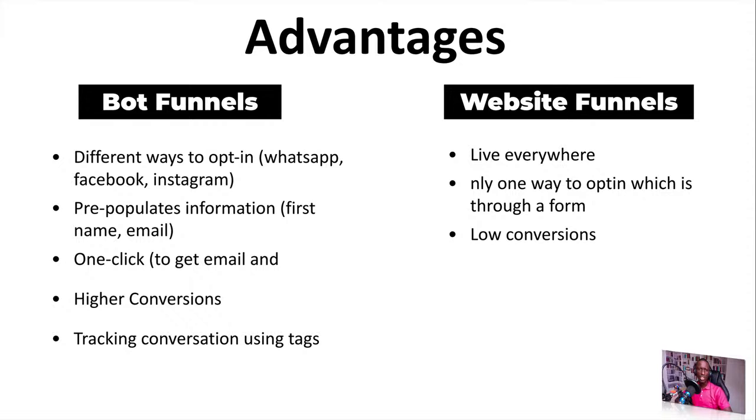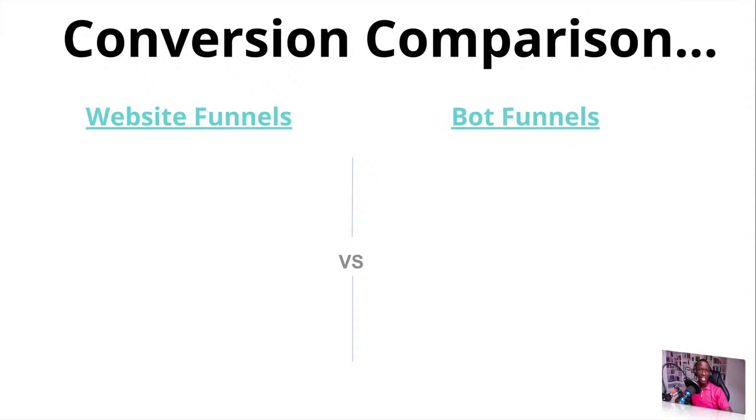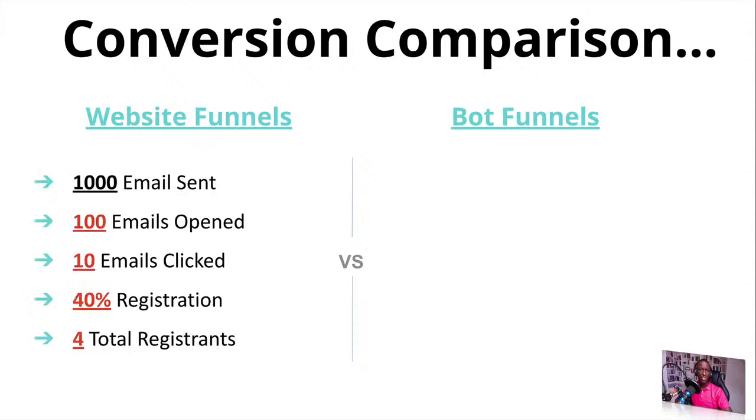So this is what I had to share with you today about website funnels and bot funnels. And again, I have here a conversion comparison for you to understand exactly how this works. On the side of website funnels, we did a test where you send, for example, 1,000 emails, and then 100 emails were opened, 10 emails were clicked, and 40% registration and 4 total registrants.